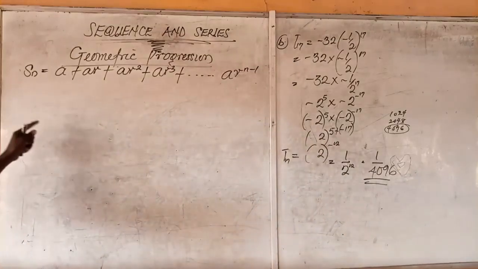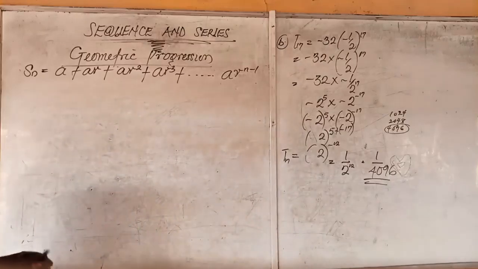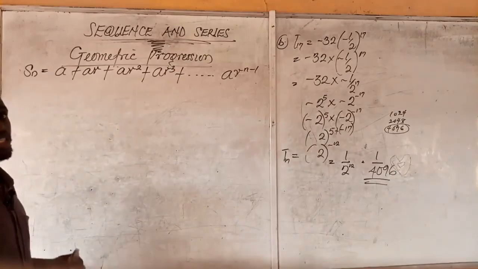Now, what do I do? Because I want to take this sum, I can decide to multiply all of this by the common ratio to generate a second equation.